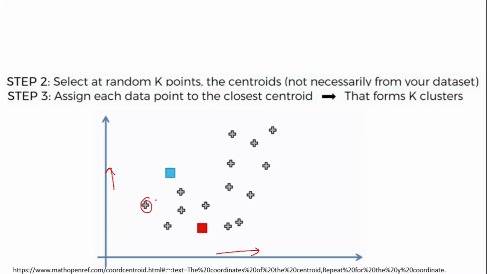Whichever is nearest, I label that data point as belonging to it, for example blue colored. And we need to repeat the same thing for all the data points.